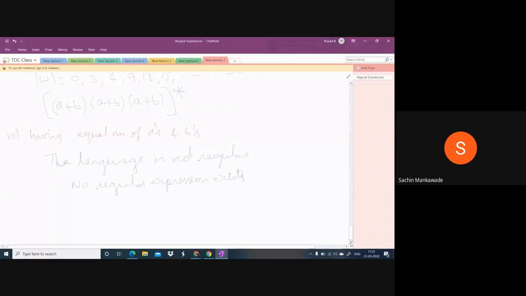Yesterday I told you, in this lesson, we will see expression to diagram and diagram to expression. Means if a finite automata is given, how to construct the regular expression. Similarly, if a regular expression is given, how to construct the finite automata. So two ways we will do: automata to expression, expression to automata.